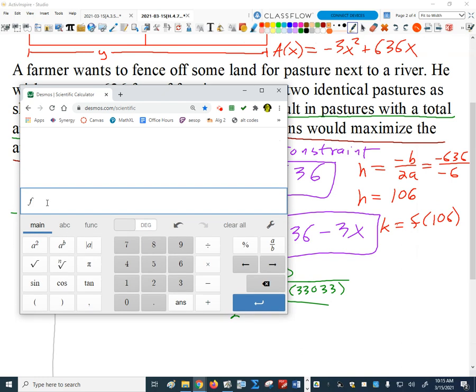We'll just enter our function. Actually, it's A of x, isn't it? A of x equals negative 3x squared plus 636x. Then I'll evaluate my area function at positive 106, and I get 33,708. So that's the biggest area we can get.